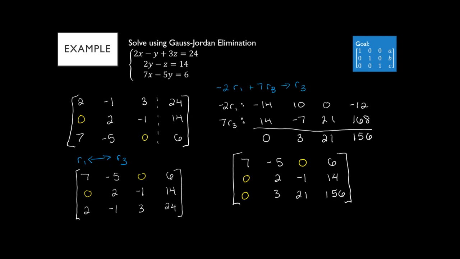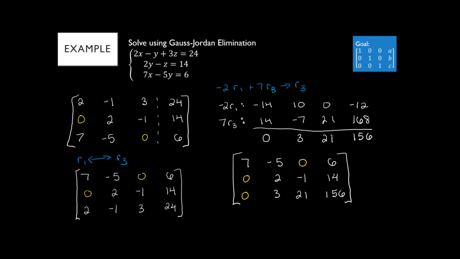I can divide those both by 3. So I just put in my calculator 156 divided by 3, and that does come out evenly. So I'm actually going to get a 1. I'm going to take that third row divided by 3 and get a 1 there, and then I'm going to interchange it with my second row. That way I can put my 1 where I need it, because that will be a lot easier than trying to get that 3 to a 0, because it's so easy to make it a 1.